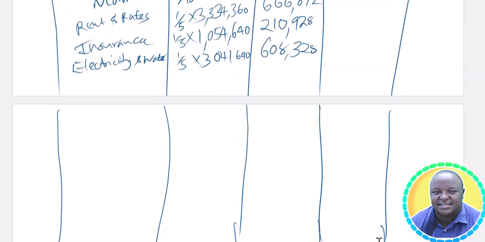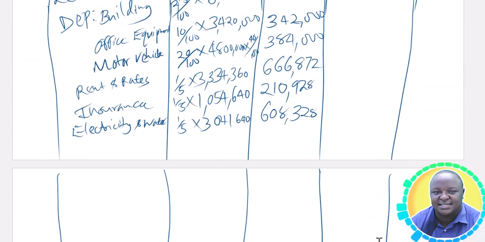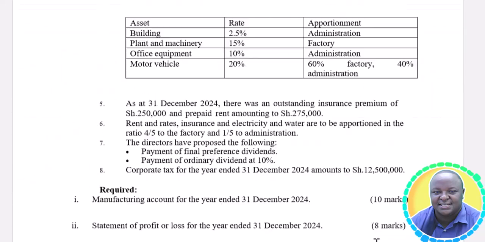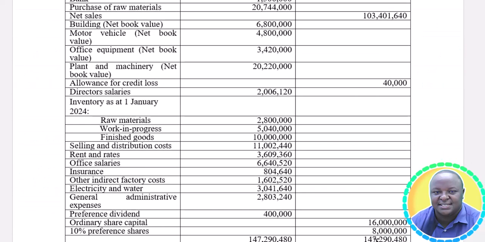So we add the other expenses that are given there. Let me just read all the expenses at once, so that I don't have to be coming back. The other expenses will be director salaries at 2,006,120. We will have office salaries at 6,640,520.